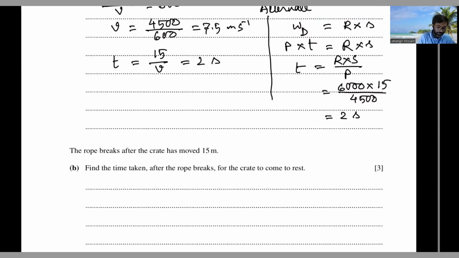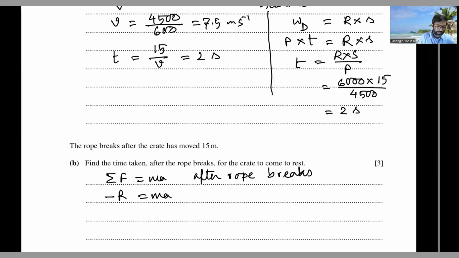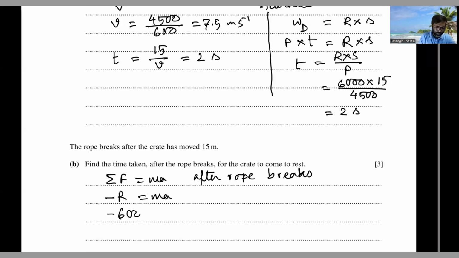Now when there is no forward force, if you apply Newton's second law after the rope breaks, we have minus resistance equals m a. Mass is 200, so minus 600 equals 200 a, so a is minus 3 meters per second squared.